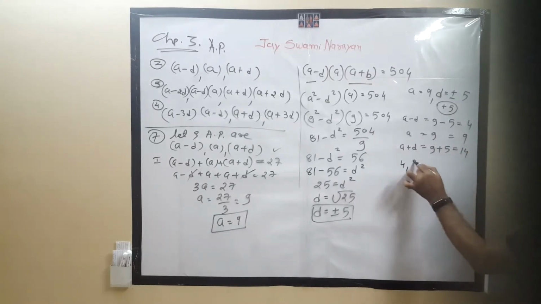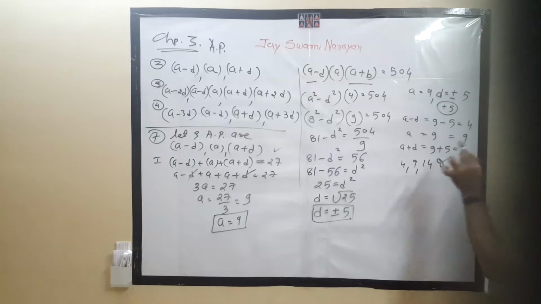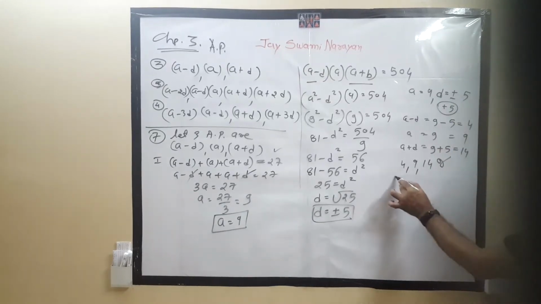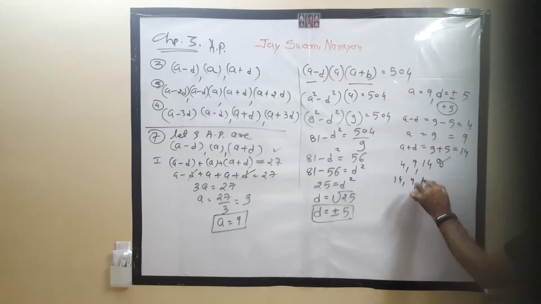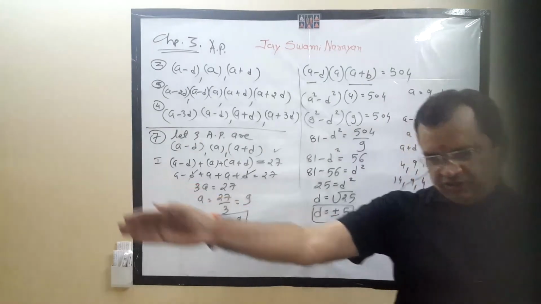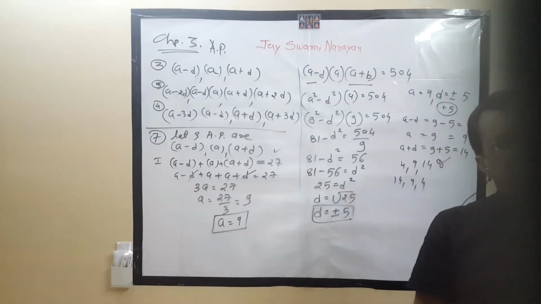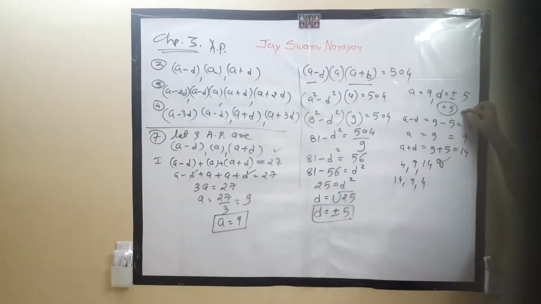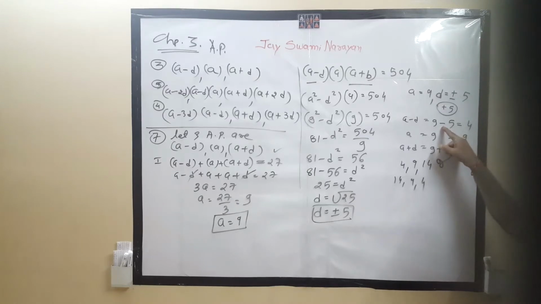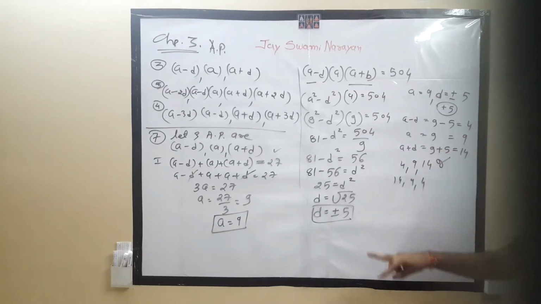So it can be 4, 9, 14, or if we take minus 5 instead of plus 5, it will be 14, 9, 4. Whatever answer comes, you have to write it in reverse for the other sign: with plus 5 it is 4, 9, 14, with minus 5 it is 14, 9, 4. So you will get the second answer.